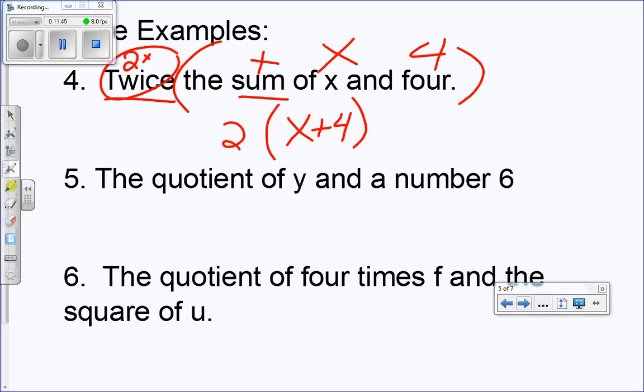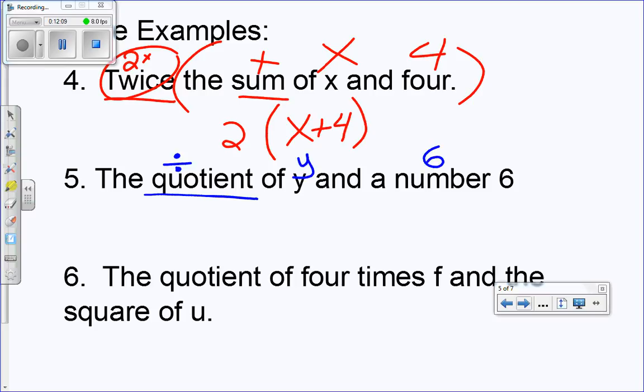Our next example, the quotient of y and a number 6. Underline keyword of quotient. Quotient's telling me to divide. Okay, I don't have any other operations in there, so I don't have to worry about anything tricky like in number 4. But quotient of y and a number 6. So it's telling me to divide these 2 things.